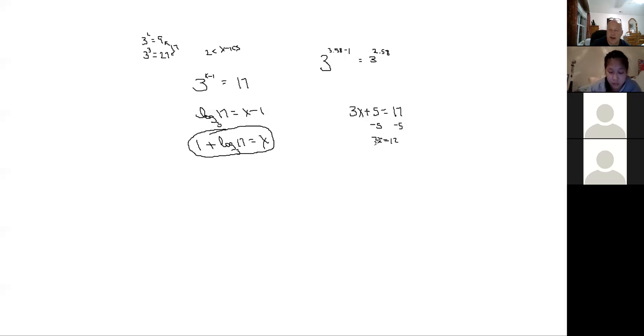I mean, these were the good old days, right? Divide by 3, x is 4, because you know the inverse operation of plus, and you know the inverse operation of times is division. Okay, so that was the good old days.